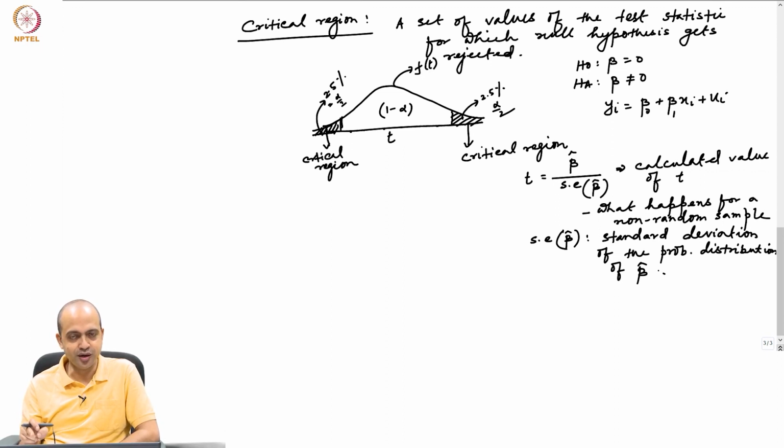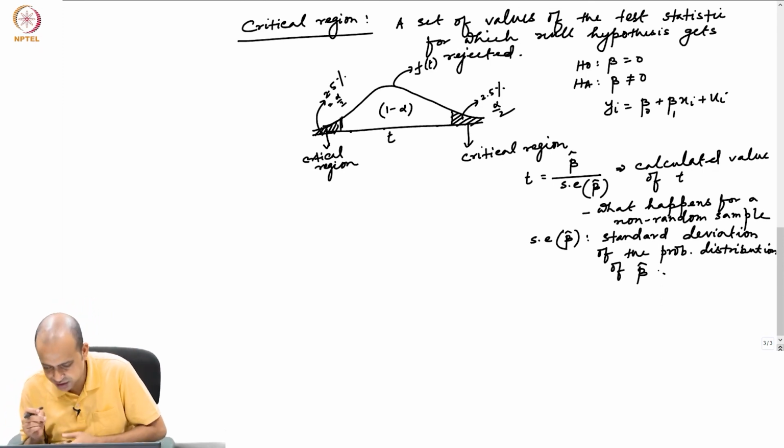And that is why we said that once you get beta hat divided by the standard error of beta hat, you will get the t statistic, which is called the calculated value of the t statistic.